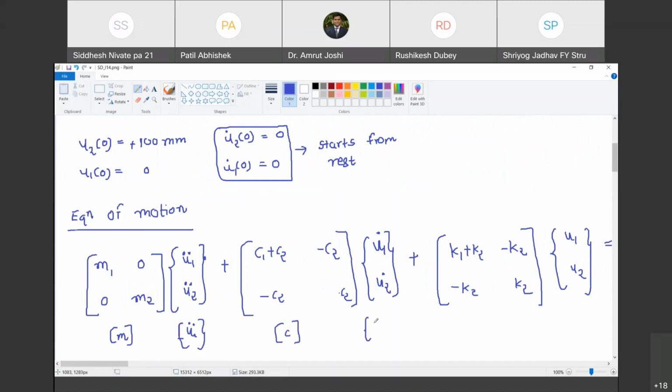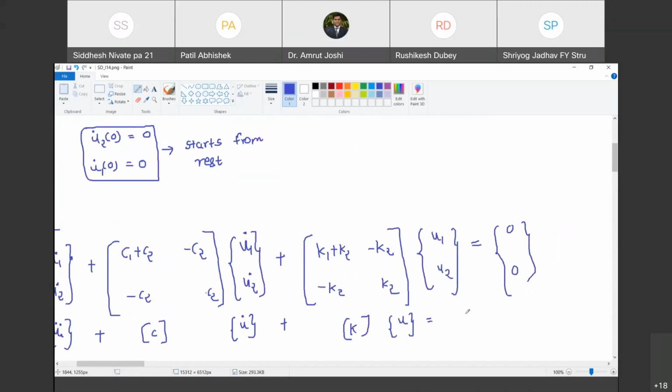We call this the matrix of velocities. Plus you have this matrix as the K matrix, the stiffness matrix, and we call this the matrix of displacements. This is equal to the matrix of forcing functions.